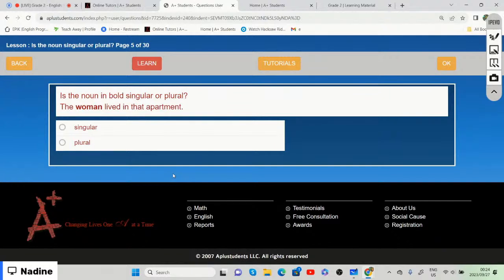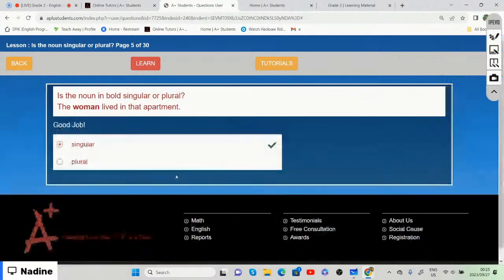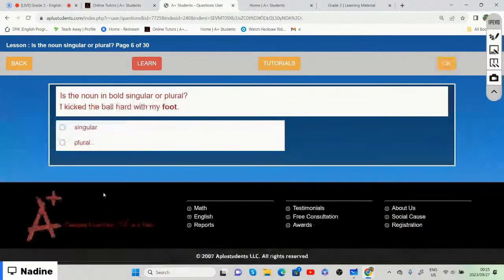So we need to say if the word woman is singular, referring to one woman, or plural, referring to more than one woman. All right, so if we look at the word woman, right? Woman clearly just refers to one person. So woman lived in that apartment.